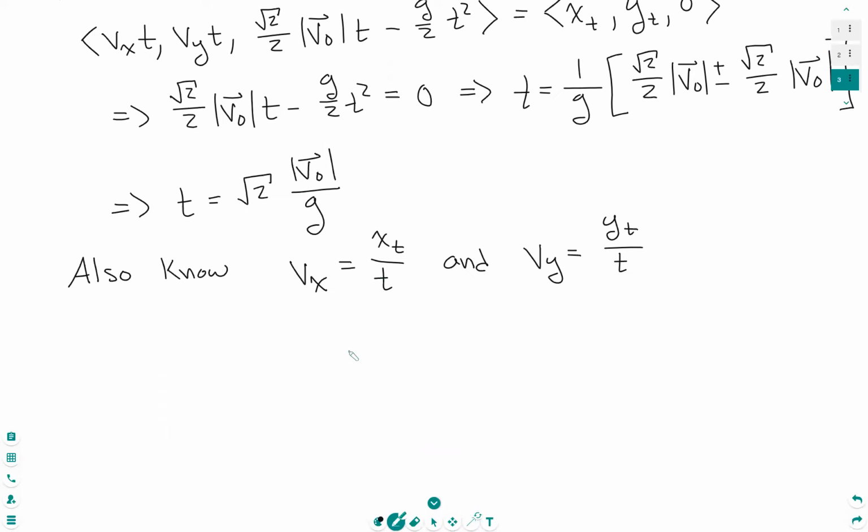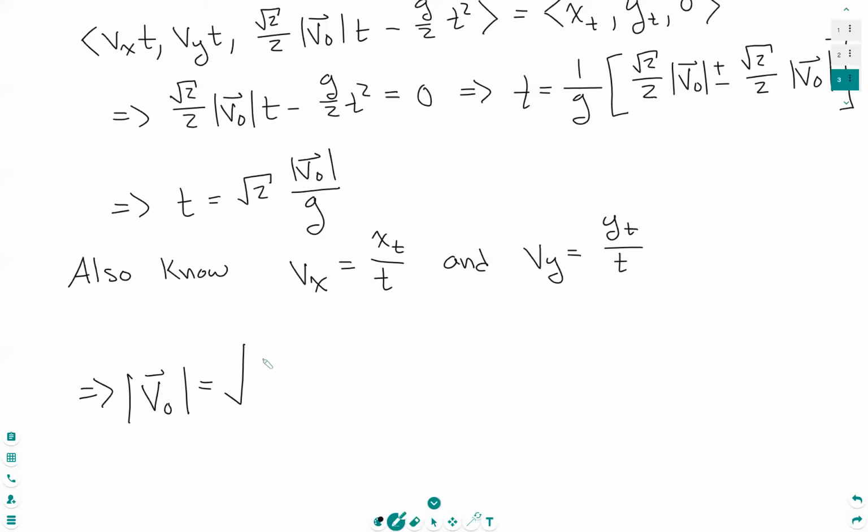It looks like we can write Vx, Vy, and Vz in terms of the magnitude of our initial velocity. The magnitude of the initial velocity is the square root of each of its components squared.